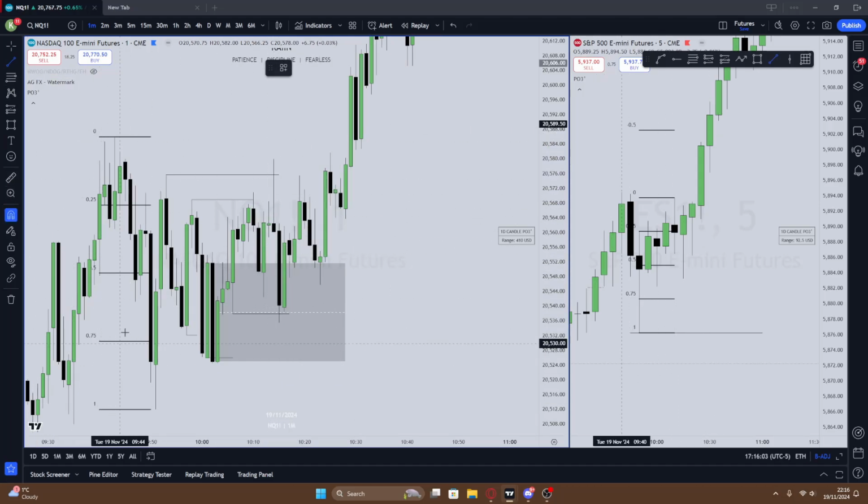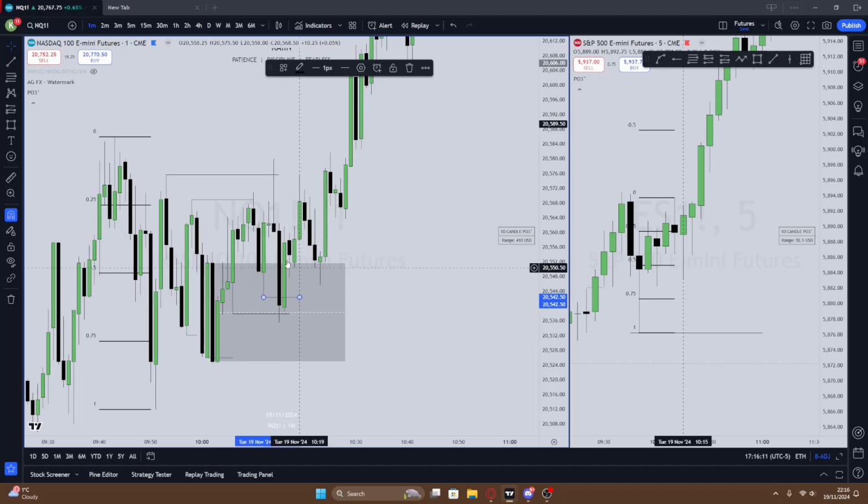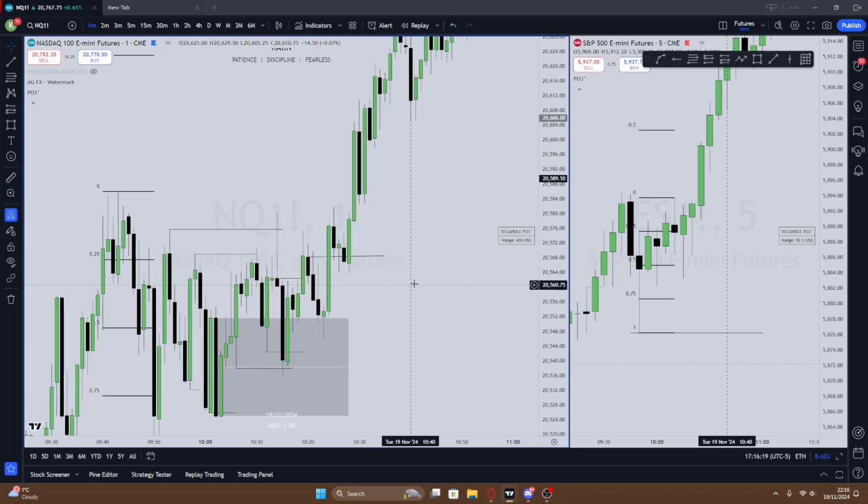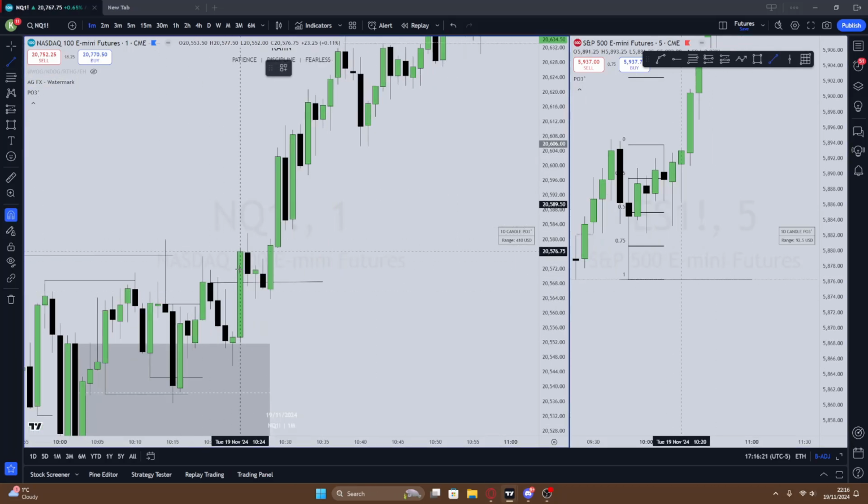I didn't see this range. We came down. This would be the order block if it was displaced, but this one we swept here. We displaced here. Came lower, and then made a new order block here. Again, came lower. This one doesn't really sweep anything.